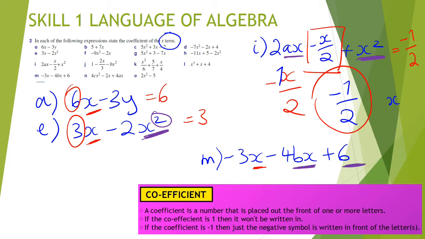There's no pronumeral. Pronumeral is what we call a letter. So we're interested in the x term here, and the number out the front is negative 3. Don't forget to circle the negative sign as well as the 3. So the answer for the coefficient is negative 3. It's really important that you remember the negative as well as the number.